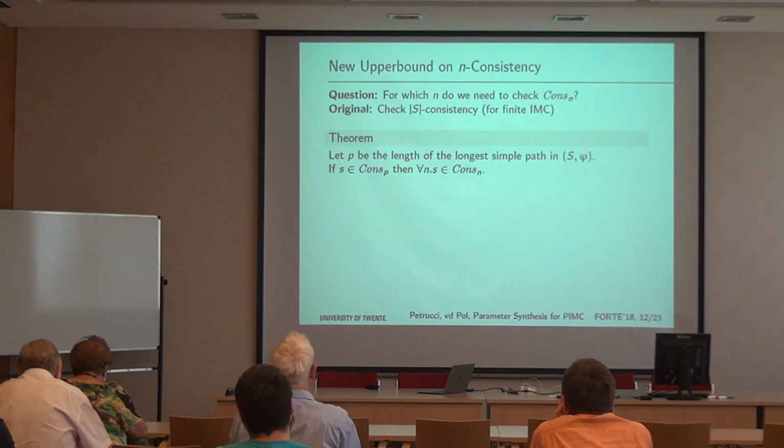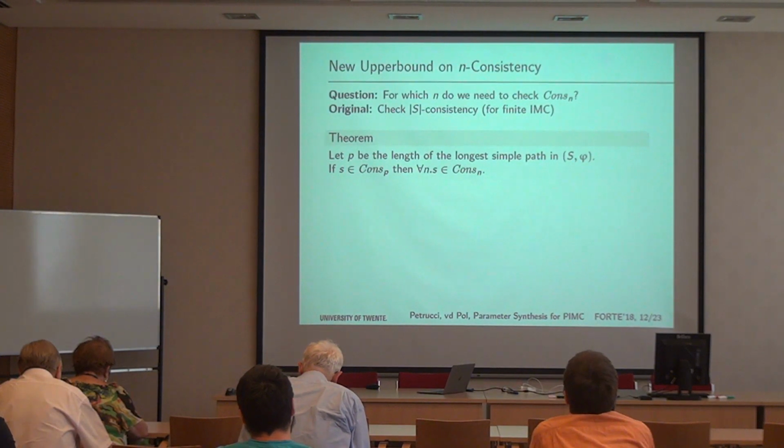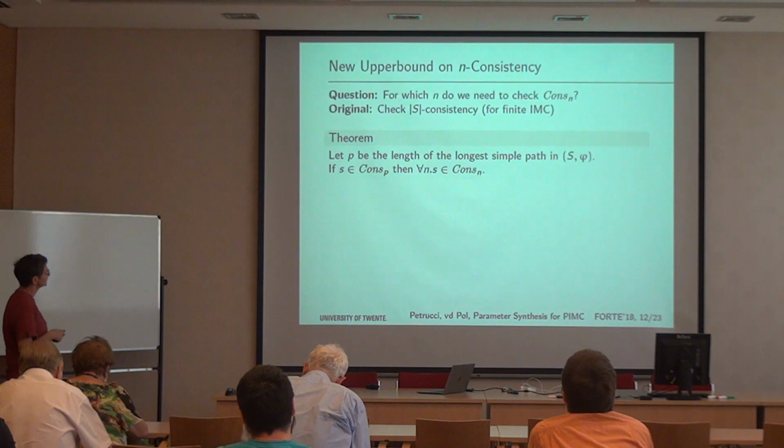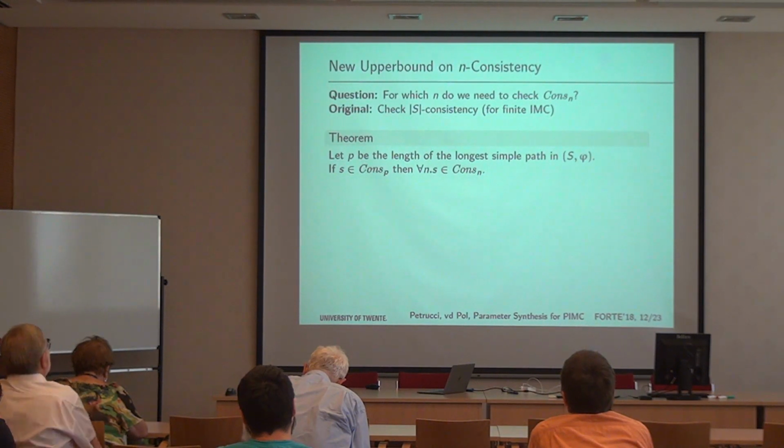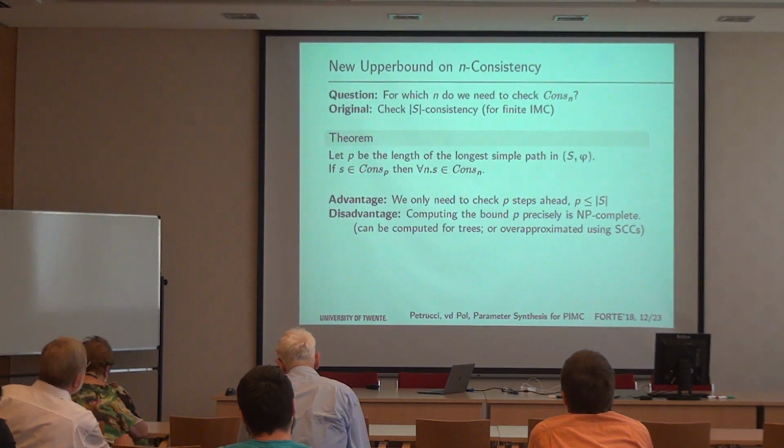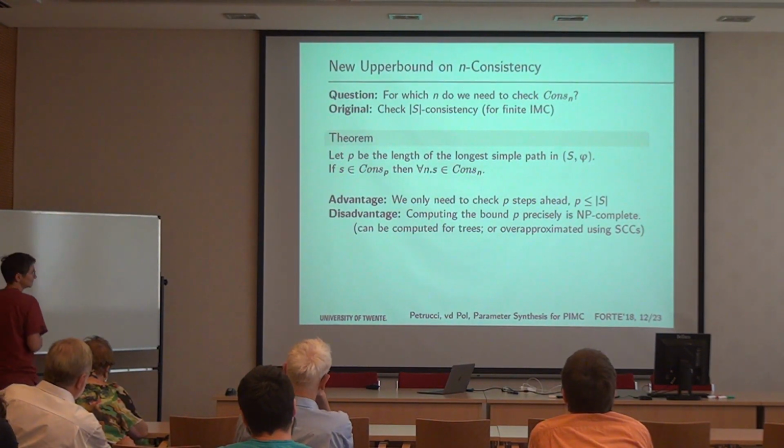Then we can refine this: if we take the length of the longest simple path, it's sufficient to take this length as a bound. The problem being that computing this bound P is NP complete.